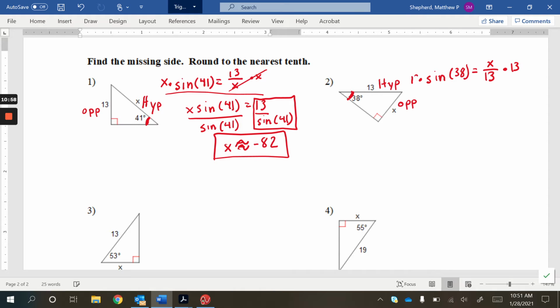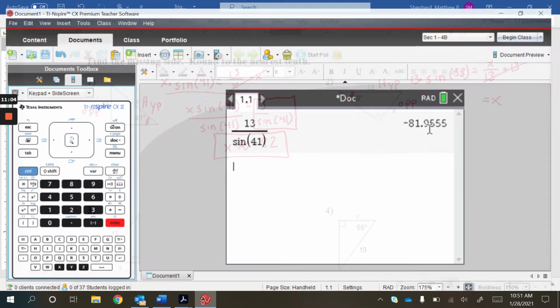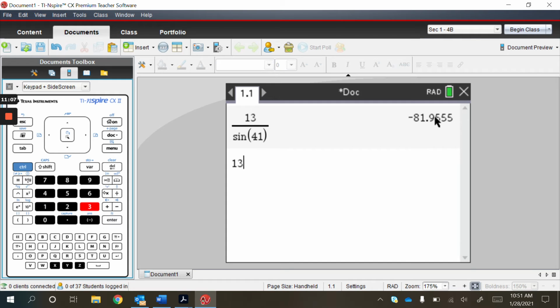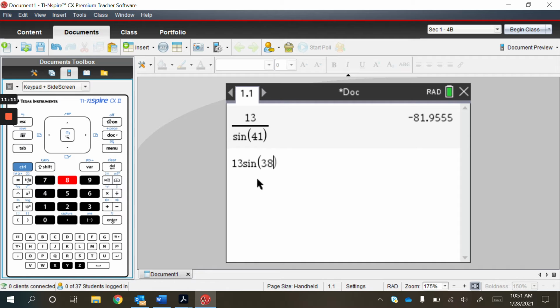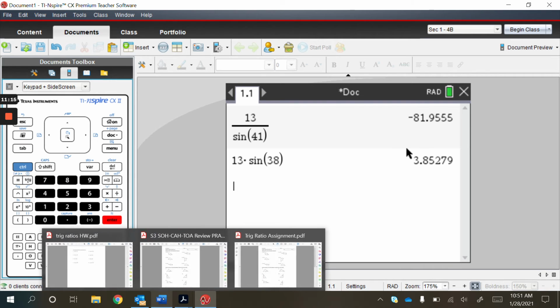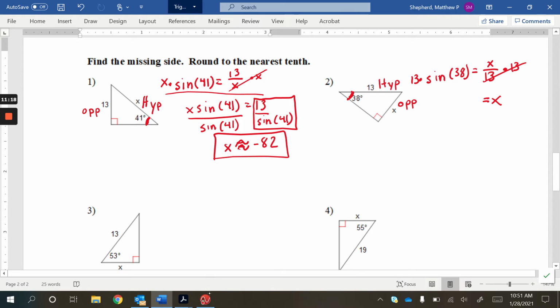So I'm just going to multiply both sides by 13, and x will equal 13 sine 38. And we get about 3.9. Okay, and so that's what that missing side would be about.